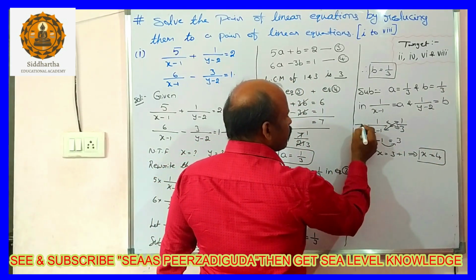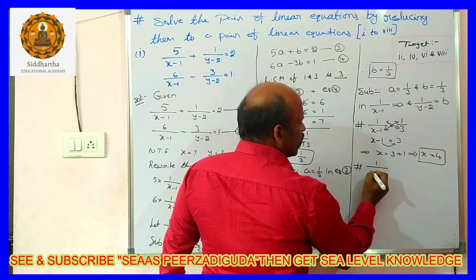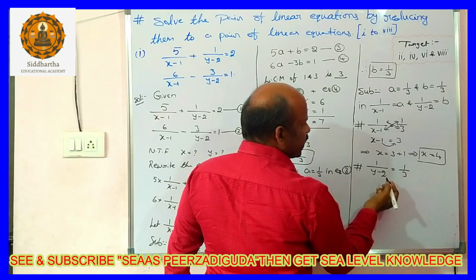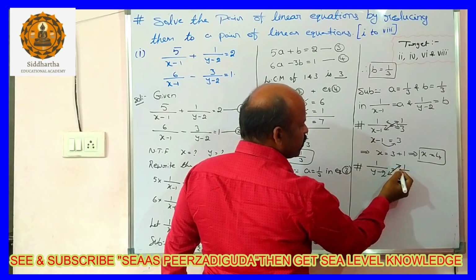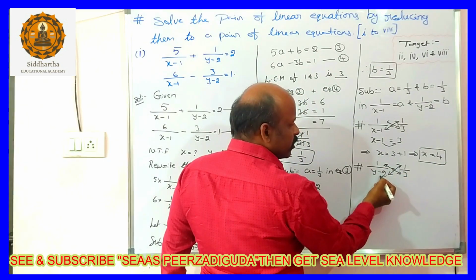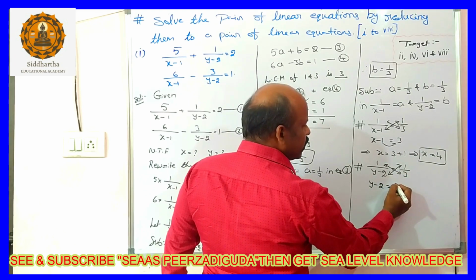Now I am going to take 1 by y minus 2 is equal to, what is the b value here? 1 by 3. Again same to same, cross multiply between two fractions. y minus 2 into 1, y minus 2 is equal to 1 into 3, 3.